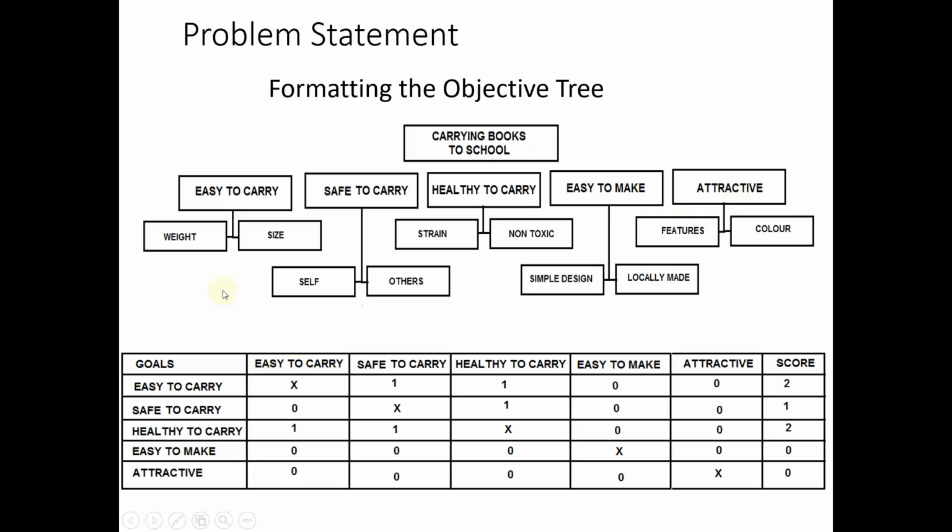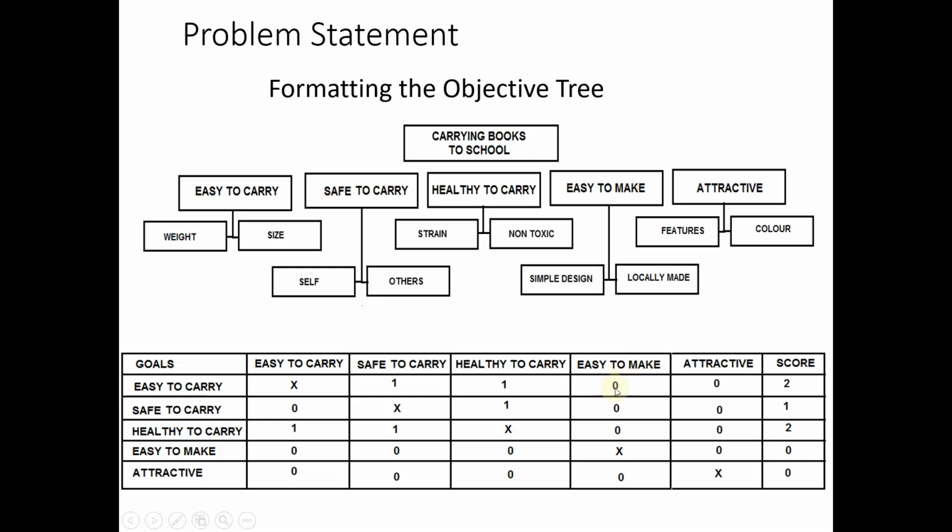If they are related, we put a 1, if it is not related, then we put a 0. Whether the product which is easy to carry, is it safe to carry? If that property is also needed, then put a 1. If it is easy to carry, does it mean that it is easy to make?